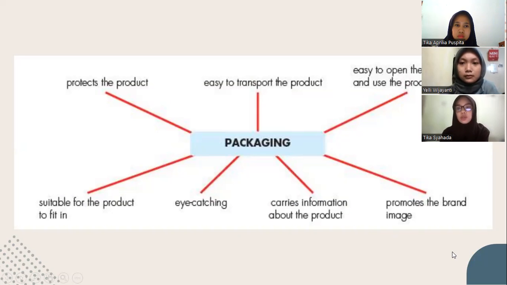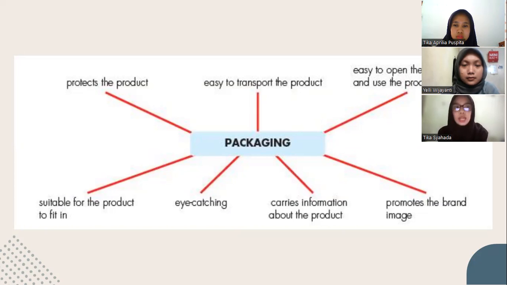Okay, so you may see this screen. This is the picture of how packaging works. The packaging must be easy to transport the product. It's easy to open the container and use the product, so the customer will find it easy to use.